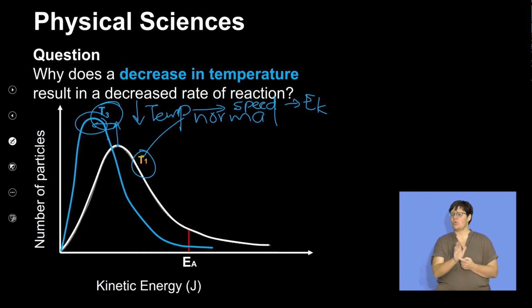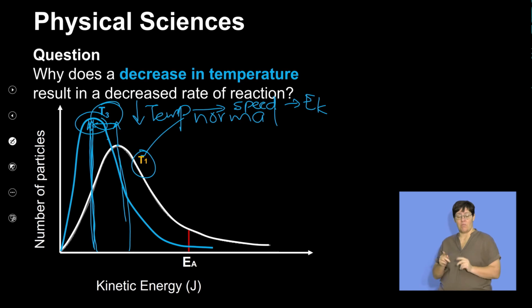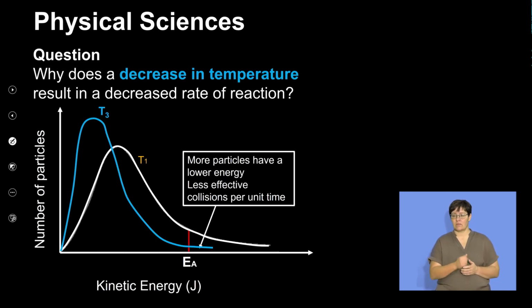So it shows that, on average, I have a lot of particles that have a smaller kinetic energy than the particles in the original curve that we have. So when we look at the particles, there are now fewer particles that will have effective collisions.